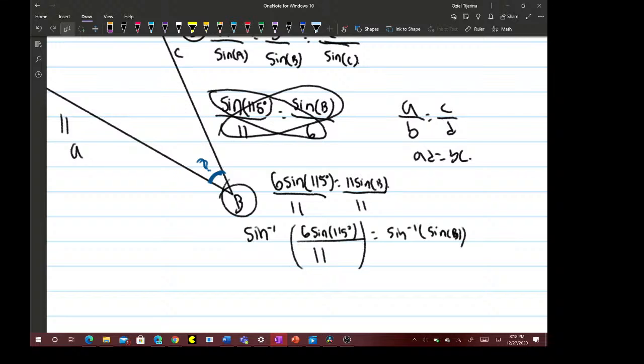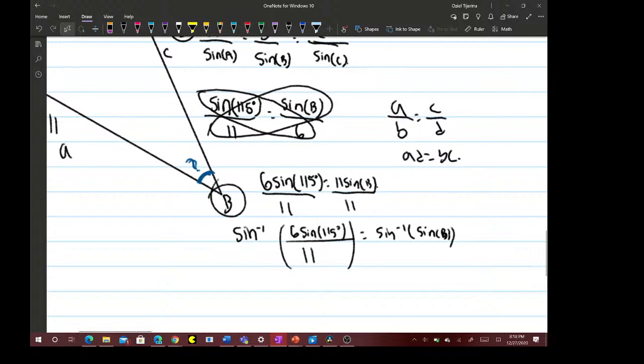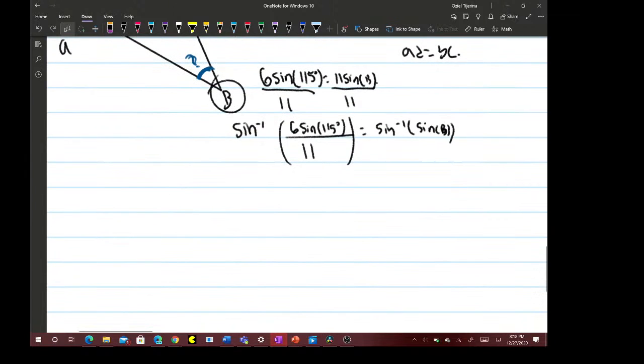So now that you have this, don't cancel out your sines yet. What you're going to do is just enter sine inverse, exactly how it looks. We can do this on here too if it really helps.